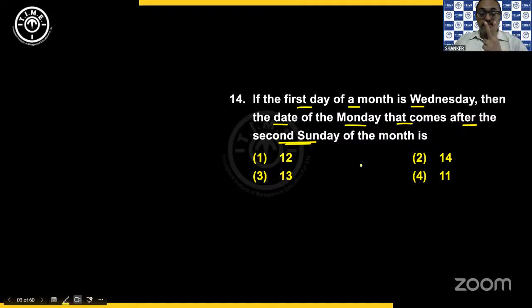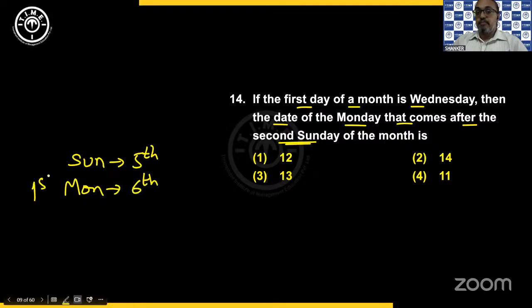Then Thursday is the second day. Correct? Friday is the third day. Saturday is the fourth day. Now Sunday is the fifth. And Monday is the sixth. So this is the first Monday. This is the first Sunday. Now, when will be the second Monday?